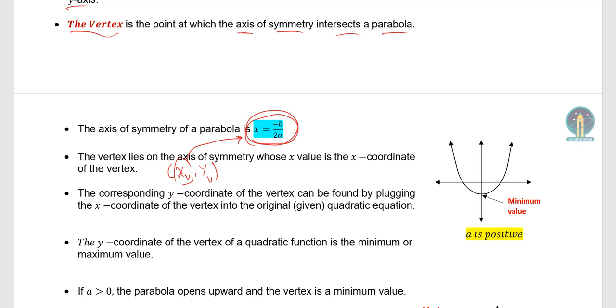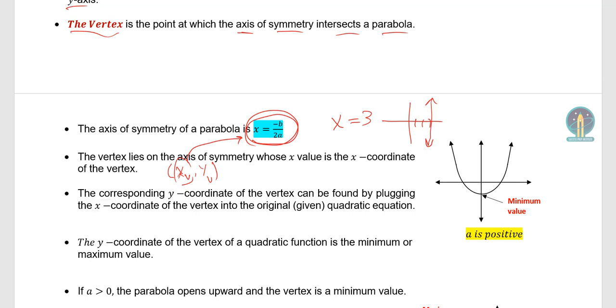Let's say the axis of symmetry is at x equals 3, so it's a line at x equals plus 3. The x-coordinate of the vertex is going to be 3, so the vertex is going to be somewhere along this line.